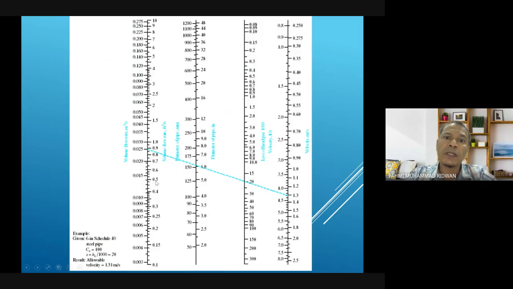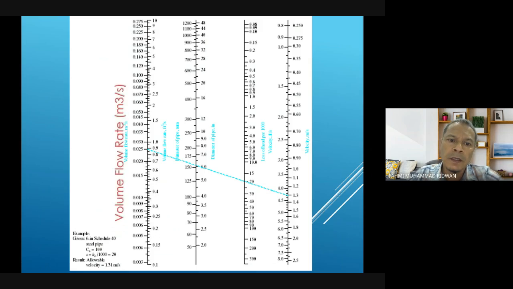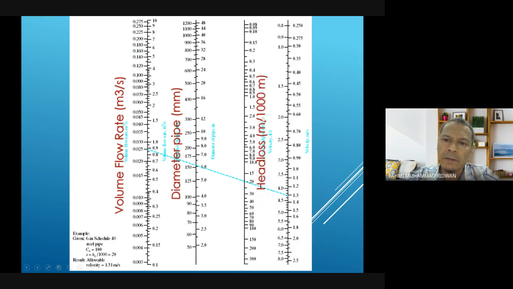Yeah, so with this nomograph, here we have the flow rate in cubic meter per second. We have pipe diameter in millimeter, and then we have the head loss in meter per 1,000 kilometer, and also the velocity in meter per second.